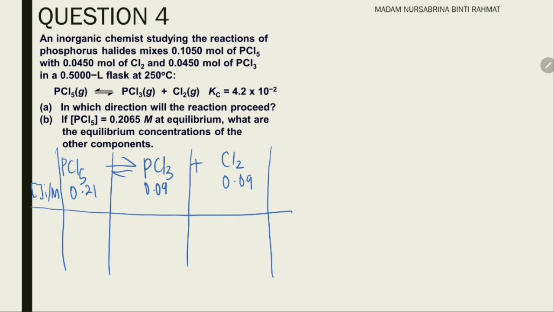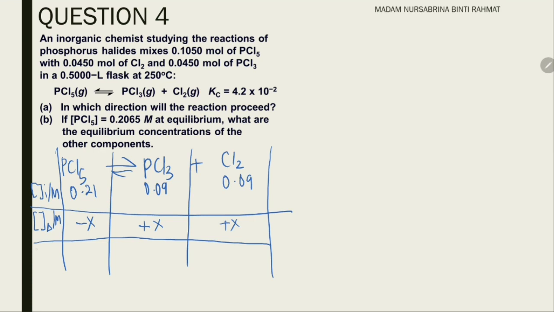After the initial row, your ICE table should include the changes in molar. PCl5 is being used up, so minus X. PCl3 is being produced, so positive X, and positive X for Cl2. It is positive 1X because we only have one stoichiometric coefficient for all of the gaseous components here.